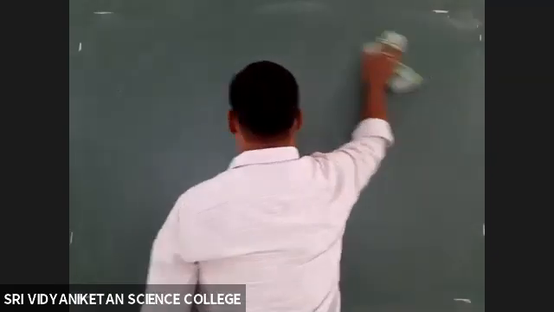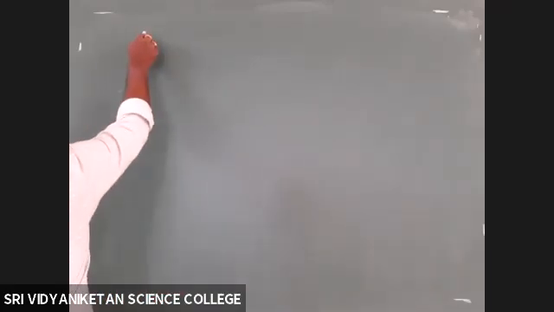I will explain how the vegetative cell helps in pollen tube formation. This is a pollen grain.